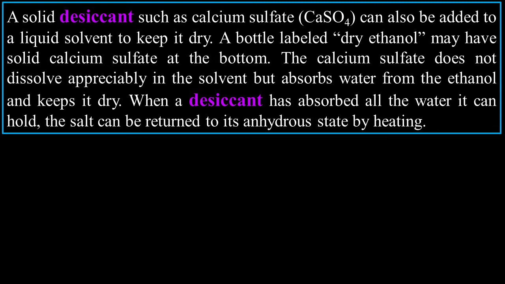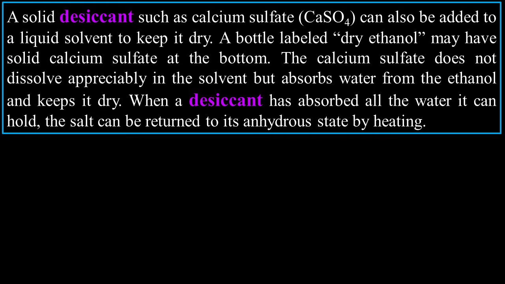When a desiccant has absorbed all the water it can hold, the salt can be returned to its anhydrous state by heating. The reason you would put it in ethanol is because you can't separate water and ethanol completely.